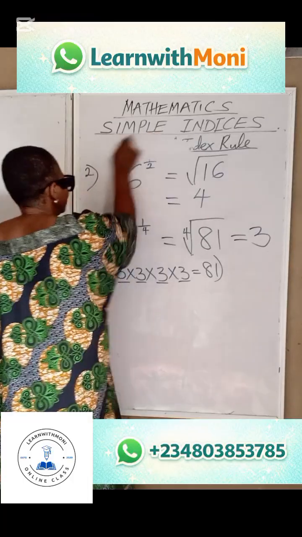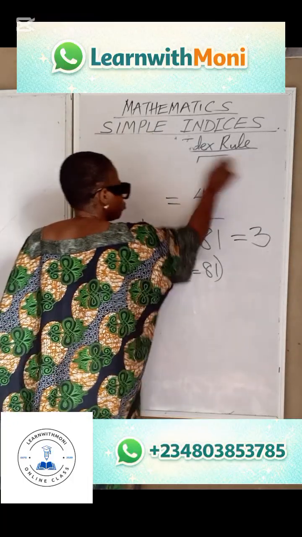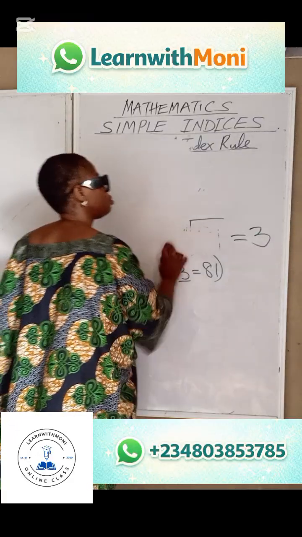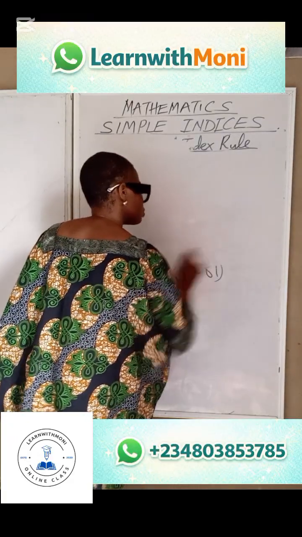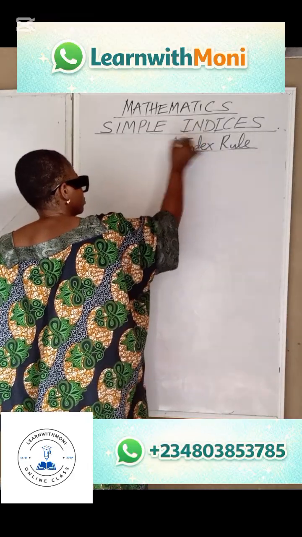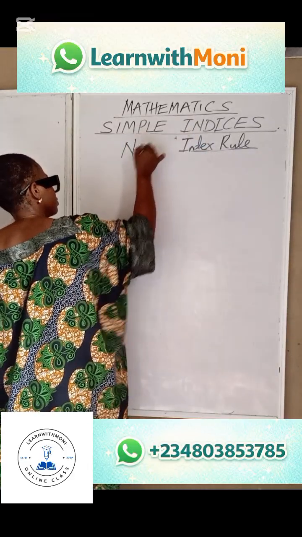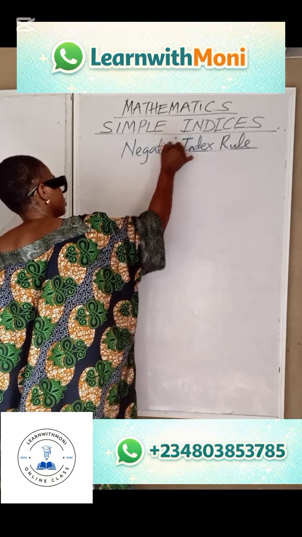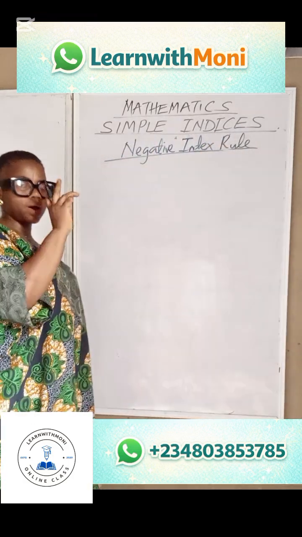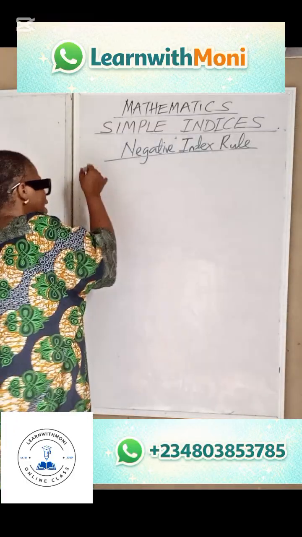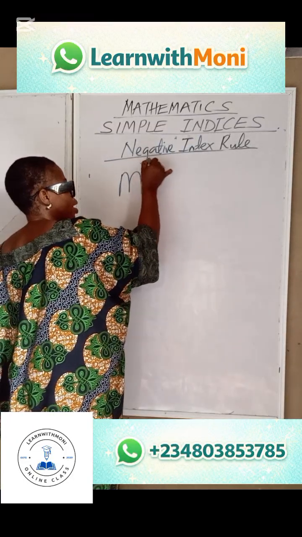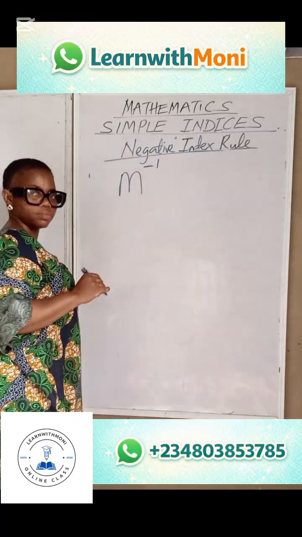Let us look at the negative index rule. Negative index rule means you have a power that is negative, like this. For instance, I have m raised power minus 1.